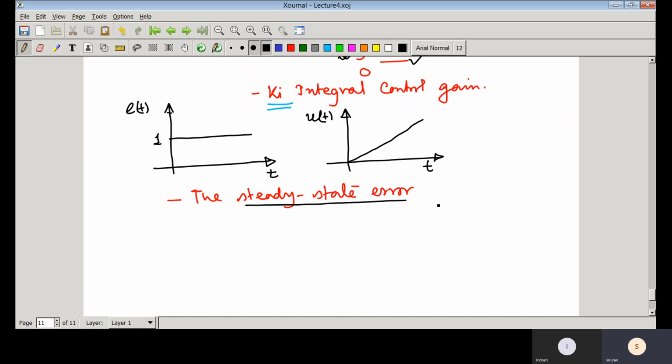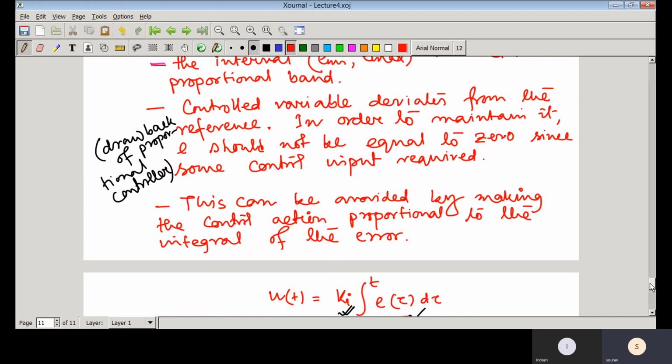I will be discussing this one in detail later. So the steady state error becomes 0. That is a big advantage of using integral control, because in proportional control already you have seen the drawback of the proportional control. It cannot give you the 0 tracking performance.